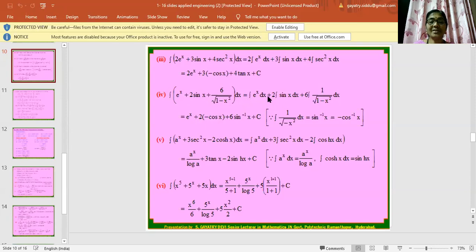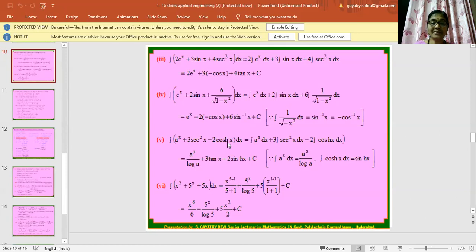Integral e power x dx is giving e power x, integral sin x is giving 2 into minus cos x, and integral of 1 by root of 1 minus x square, which is the form of inverse functions, that is sin inverse or minus cos inverse. You can take any one of them. I'm taking sin inverse x here, so e power x plus 2 into minus cos x plus 6 sin inverse x plus c.